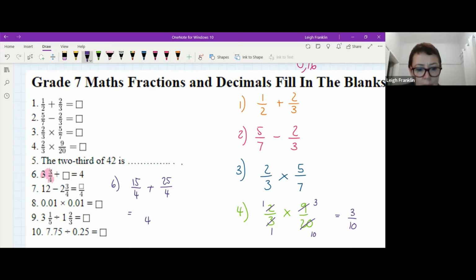So we're going to keep our denominator of 4. 15 and 25 gives us 40. And 40 over 4 is not 4. We get 10. So that means that 25 over 4 is unfortunately not the right answer. But good job, Ntabiseng. Try and do it again. All right, that's fine.